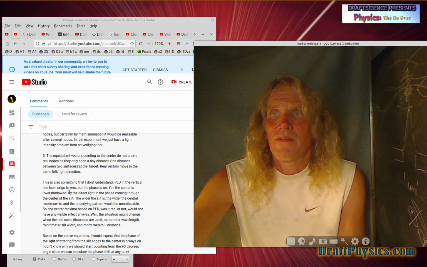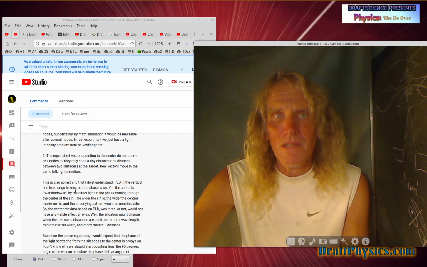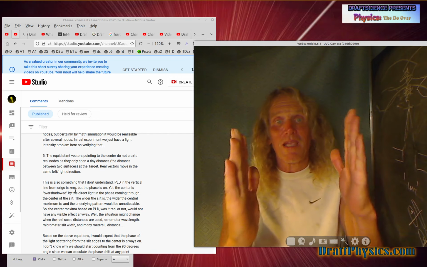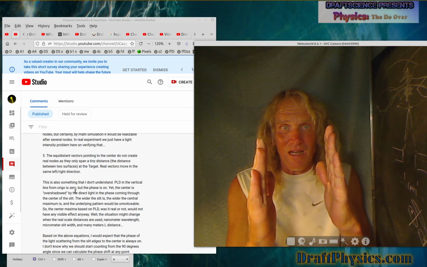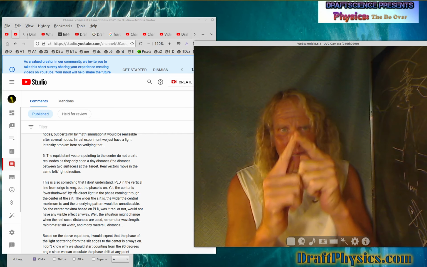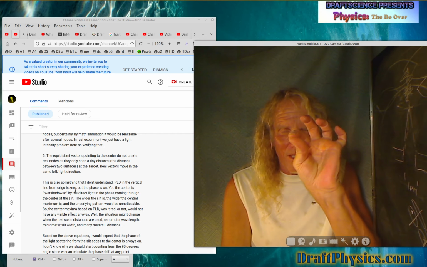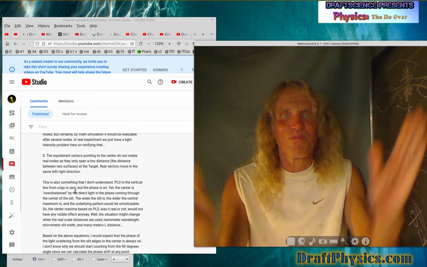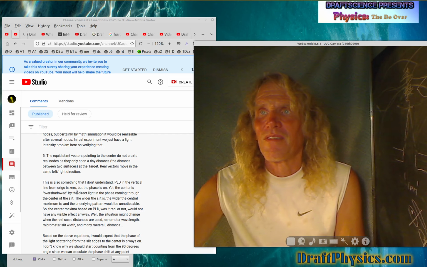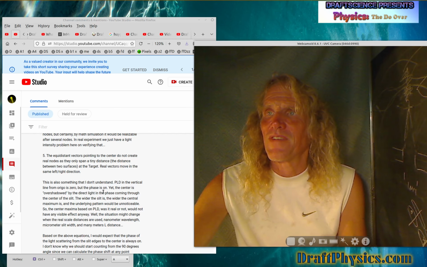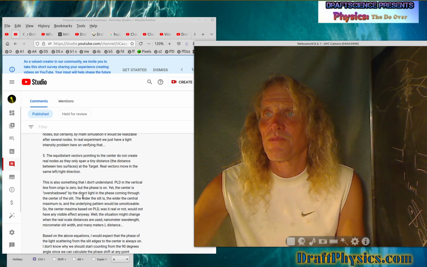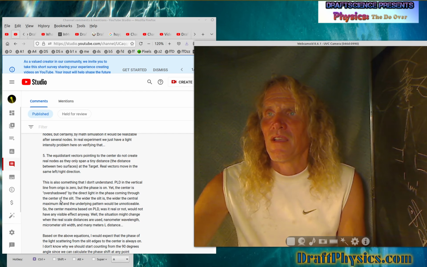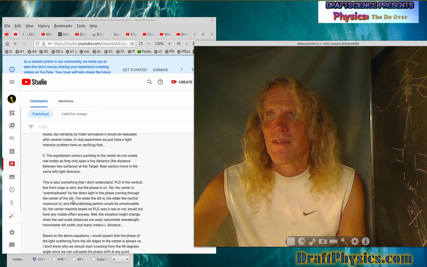Yes, inside of 1 millimeter. The node is maybe 5 centimeters in size. What's happening inside of this one tiny millimeter doesn't have anything to do with these gigantic nodes we're creating from the spreading fringes. Anyway, the phase is on, yet in the center is overshadowed by the direct light in the phase coming through the center of the slit.